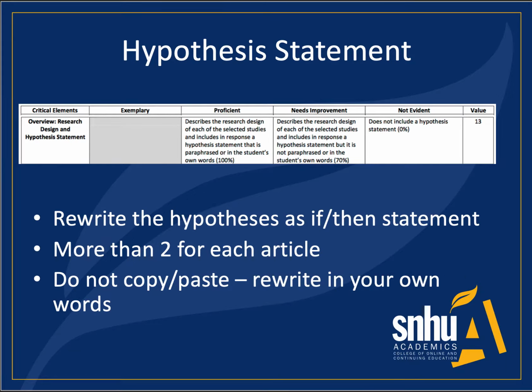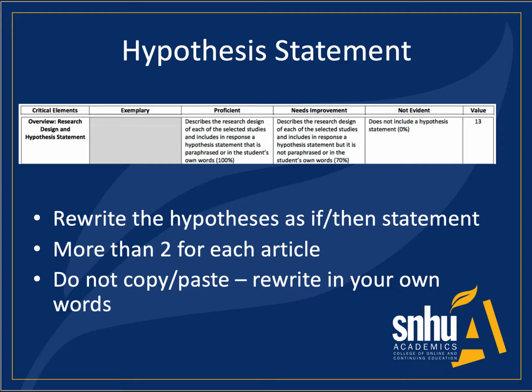The second step is going to be identifying all the hypotheses. There are at least 2 hypotheses for every article that you're going to be reading. It's going to be helpful if you rewrite the hypothesis using the if-then statement. Most articles do not clearly state this is hypothesis 1, 2, and 3, 4.